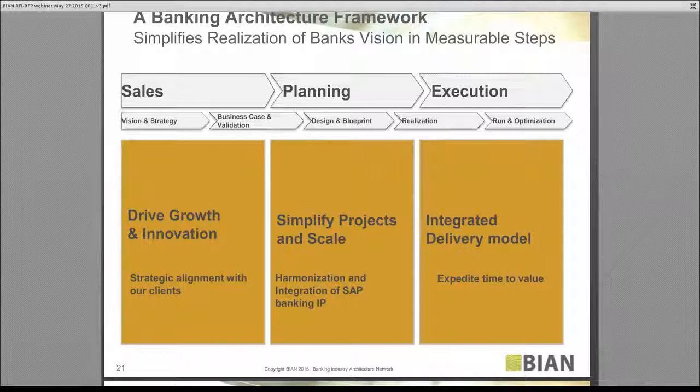It starts with a primarily business-driven discussion. So drive growth and innovation as a target, with such KPIs. Business-wise, first of all, you come up with a conclusion: what would you like to achieve?